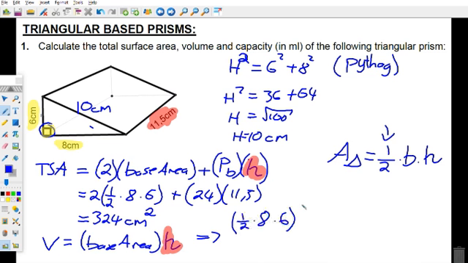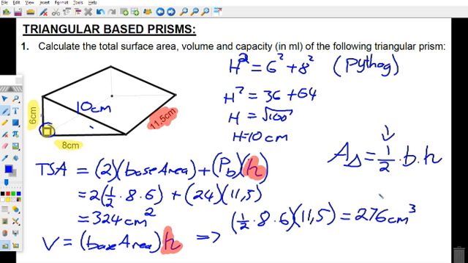We're multiplying it by 11.5. So what are we going to get there? I get 276. It's going to be centimeters, but what are we going to put by the centimeters? Cubed. Why is it cubed?